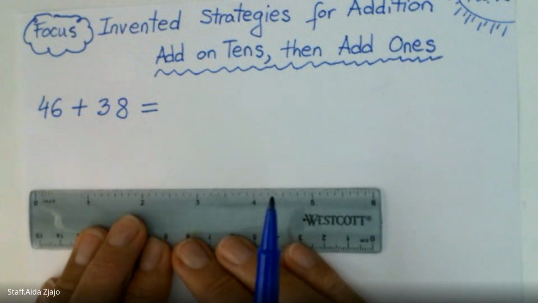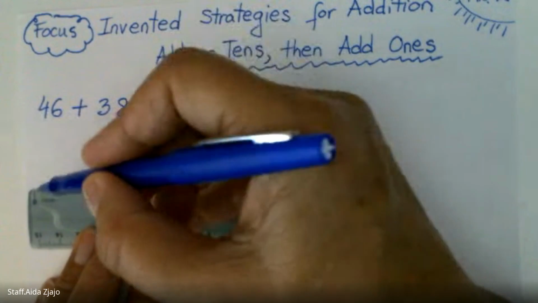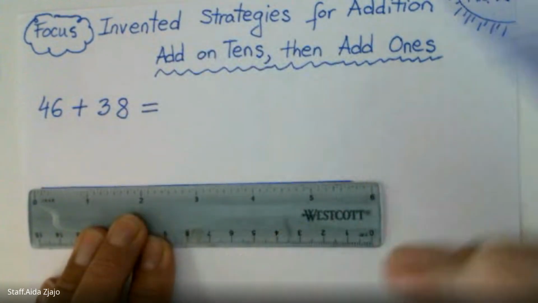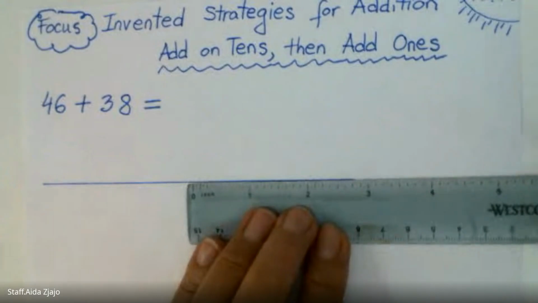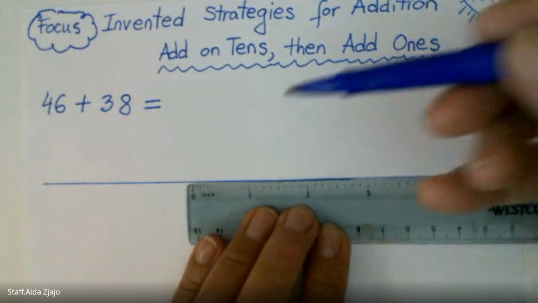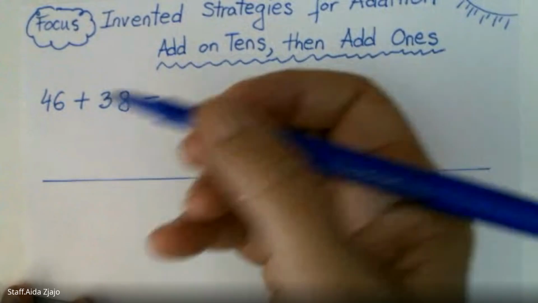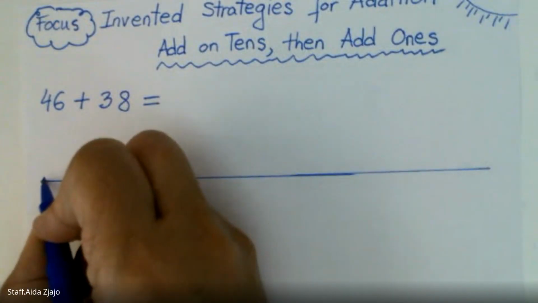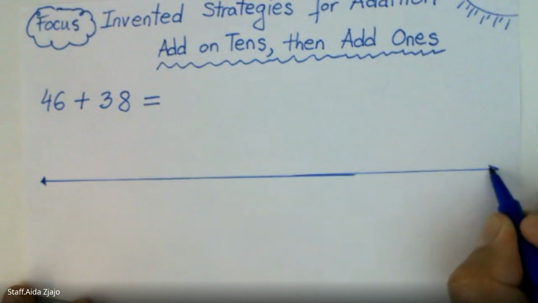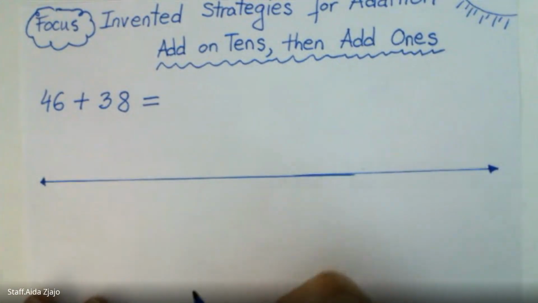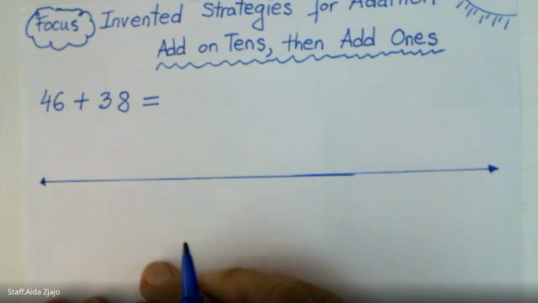This is called an open number line, so I can make it as long as I need it. I'm going to choose the greatest number to start with.